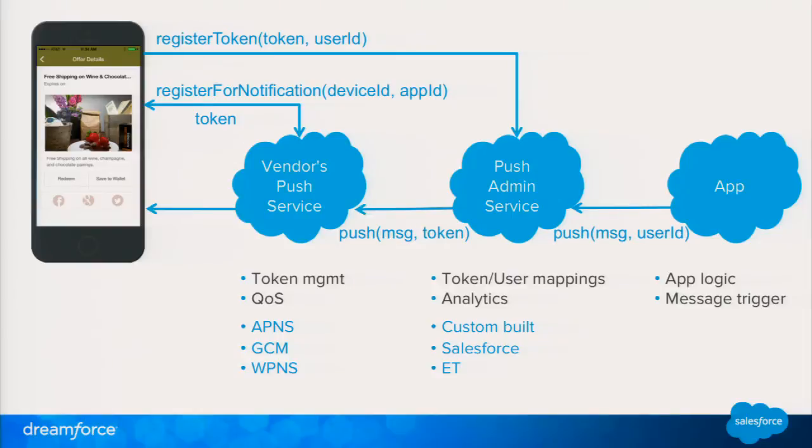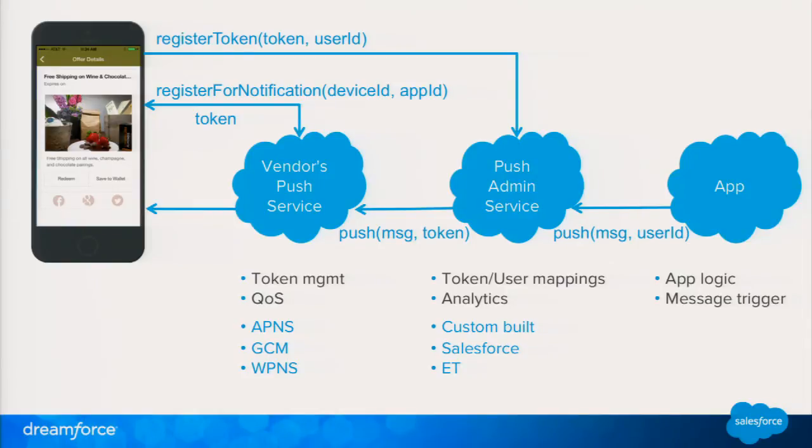Okay, so what are these services? Well, you can build your own, as you can see there. You can build that service in the middle, which means also that if you have multiple apps on the right, you don't have to build the token management and all that into each app. So you will build a push admin service, if you want. You can use Salesforce as your push admin service.